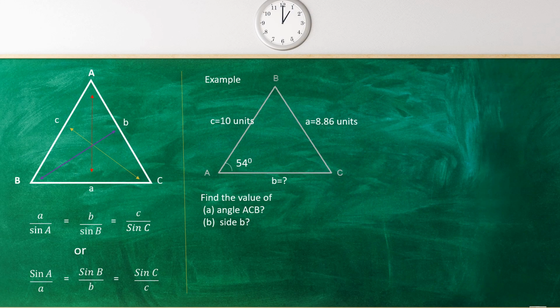Now in the general formula for the sine rule, we'll only require two ratios. That is, it could either be A over sine A is equal to B over sine B, or A over sine A is equal to C over sine C, or B over sine B is equal to C over sine C. In this case, we only need A over sine A and C over sine C. So we pick that and we substitute in.